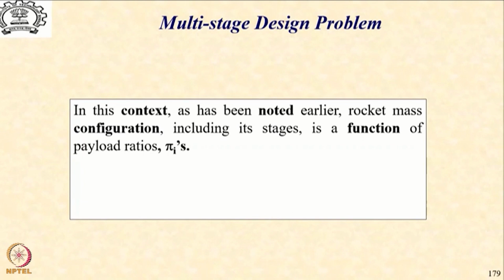And how do we arrive at such a strategy? That will be nothing but the statement of our design problem. We have already noted earlier that the mass configuration through this problem is directly a function of pi i's. So obviously different pi i's, all of which satisfy the constraint that product of all pi is equal to pi star, will generate different mass configurations.